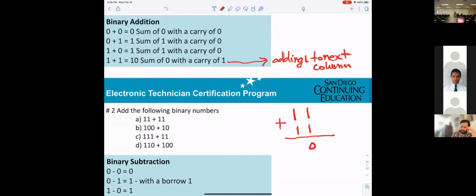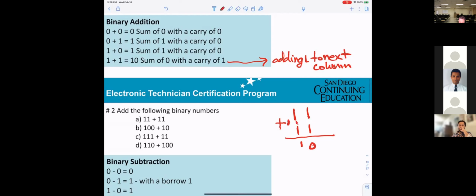So 1 adding to 1 equals 0, carry 1. That means you need to add that 1 into the next column. So 1 adding to 1, you get a 0 and carry 1. Then 0 adding to 1, you get a 1 and still carry 1.